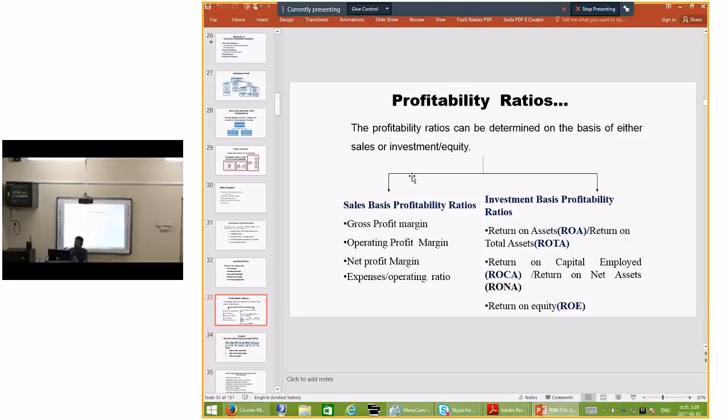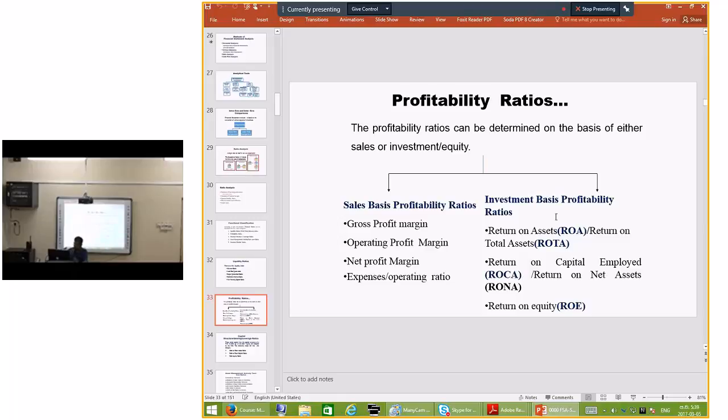These are the profitability ratios. There are a number of profitability ratios. Profitability ratios based on sales, and profitability ratios based on investment, right? Gross profit margin under the sales-based ratios, operating profit margin, net profit margin. There are a number of ratios under the first category. Second category, investment-based profitability ratios.